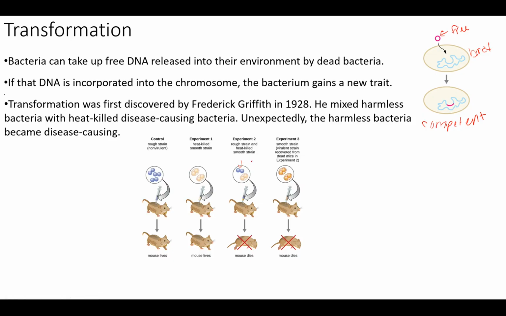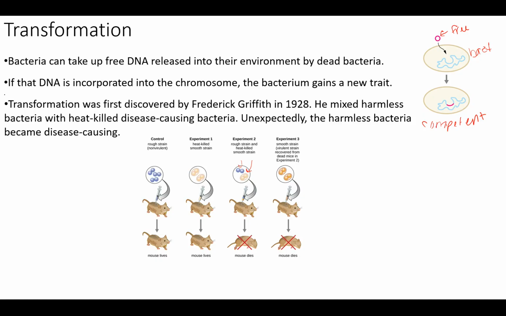And then he mixed that one with the heat killed S strain. We expected the mice to live, right? Just like what happened in experiment one. But that's not what happened. The mice died. What was even more surprising is he was able to recover living S bacteria from those mice.